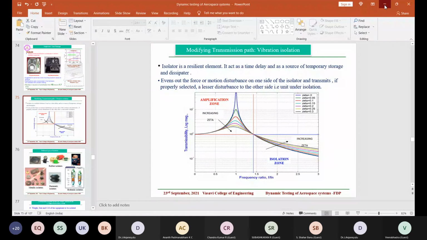And you have given a nice demonstration on the failure due to vibrations. You educated us on the sine and random vibrations and laboratory testing, taking out the basic testing philosophy primarily.